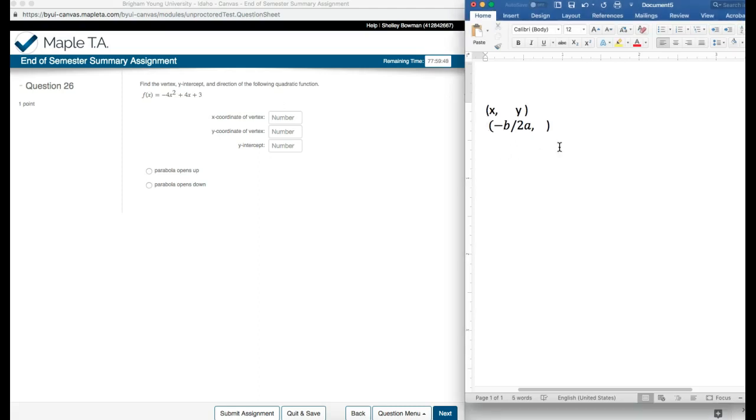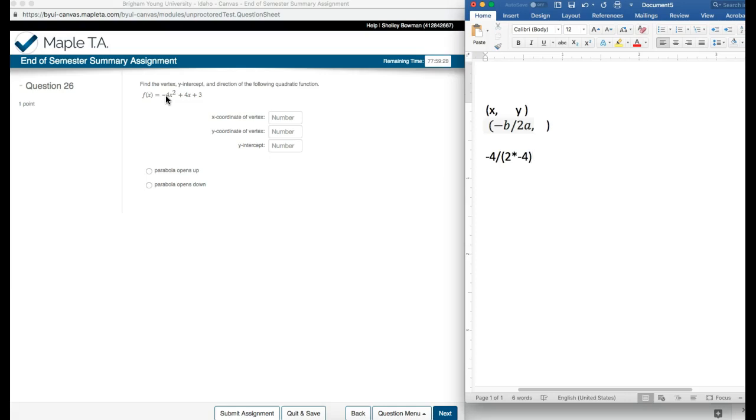So to find this, I'm going to do negative b, which in this case is 4, divided by, and I'm going to put parentheses so that all of 2 and a are underneath in the denominator. So 2 times a here is negative 4.